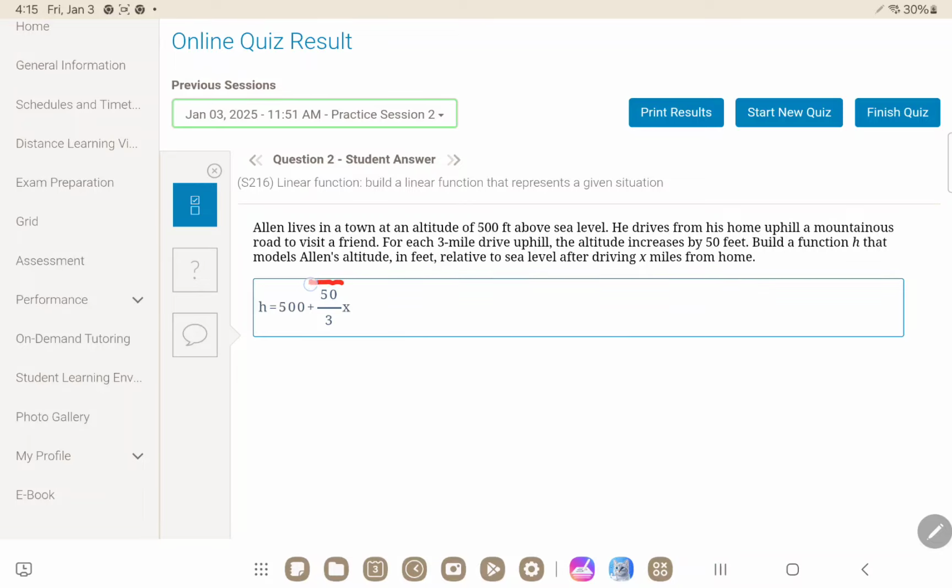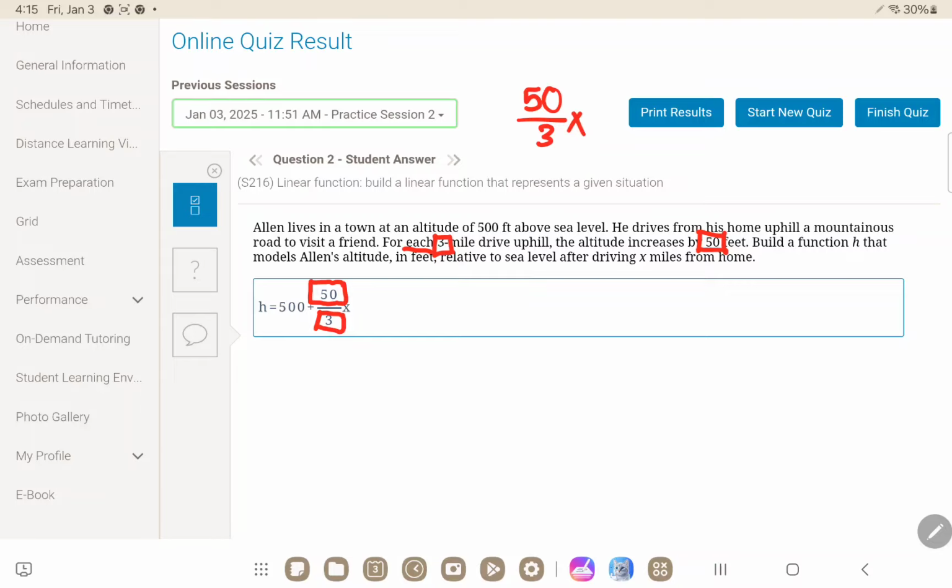So in this question, when you're solving, it gives you 2 boxes and you need to fill them out. It tells you, and this is your keyword, for each 3 miles the altitude increases by 50 feet. So if you want to know how many miles they drove, you need to do 50 feet for each 3 miles times how many miles? x.